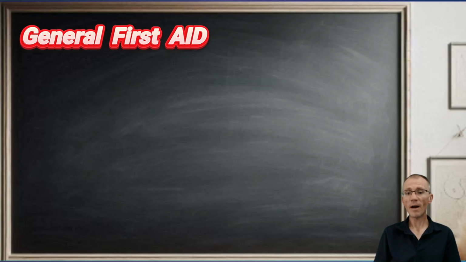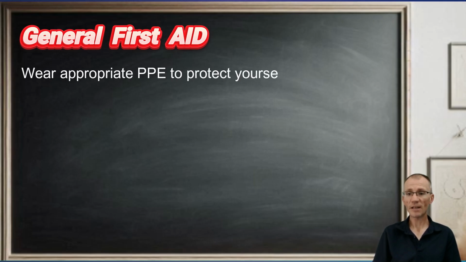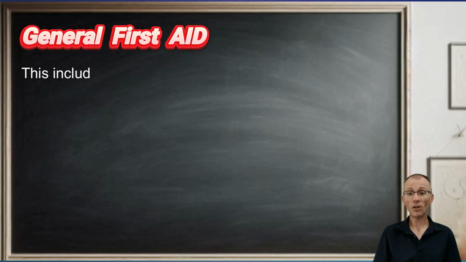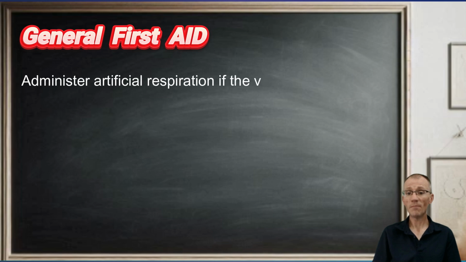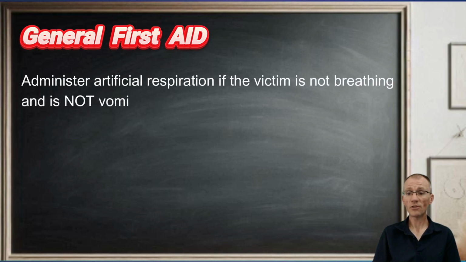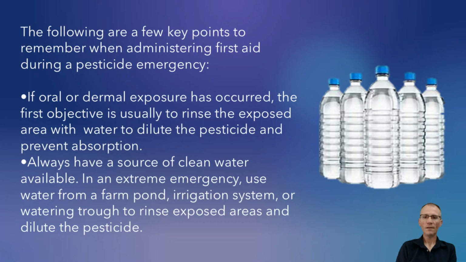Before you even think about removing them, make sure you wear the appropriate PPE to protect yourself. This is going to include a respirator, especially if you're within an enclosed area. Also, the final thing you would do is administer artificial respiration if the victim is not breathing and is not vomiting. The following are a few key points to remember when administering first aid during a pesticide emergency.